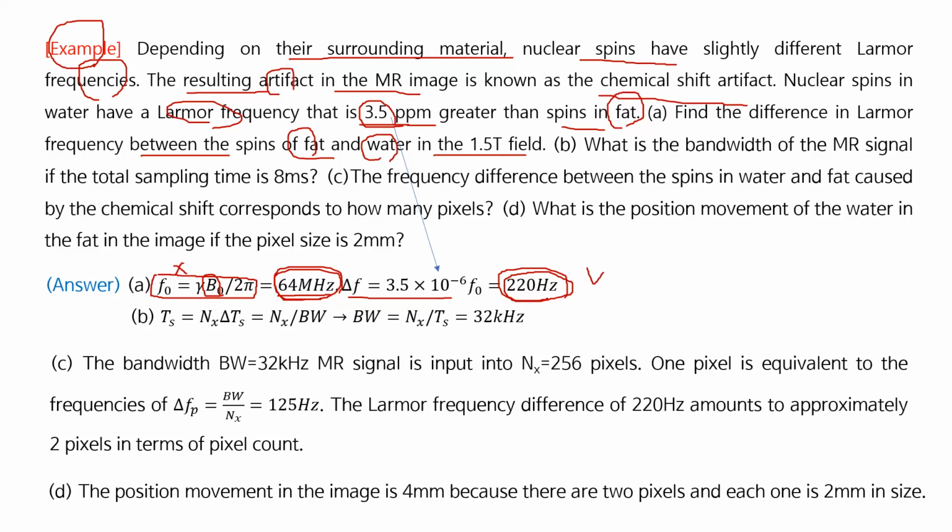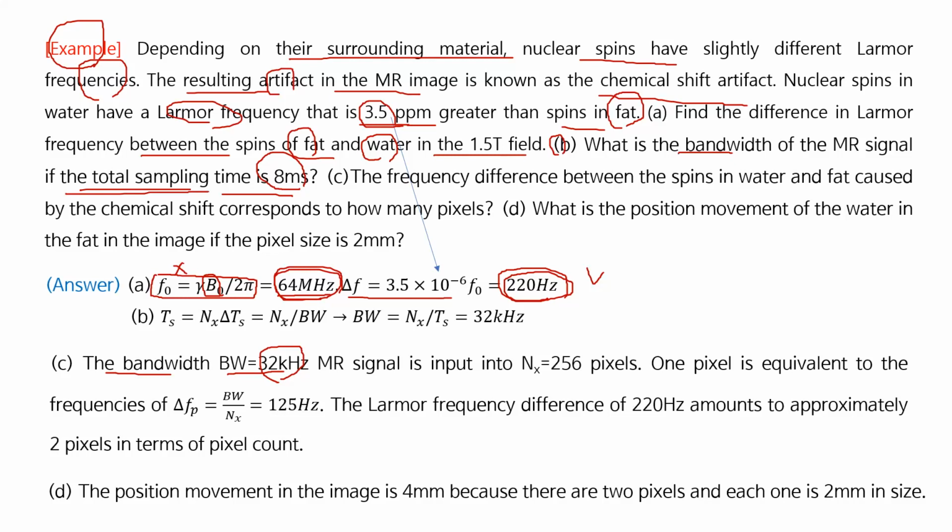Okay. Next question. What is the bandwidth of the MRI signal if total sampling time is 8 milliseconds? We have total sampling time, so we can get the bandwidth with this value. So the bandwidth is 32 kilohertz.